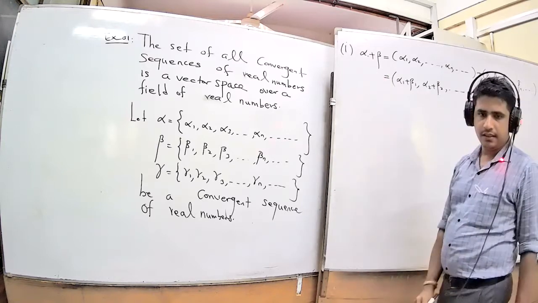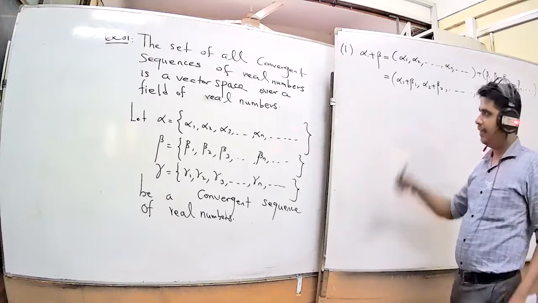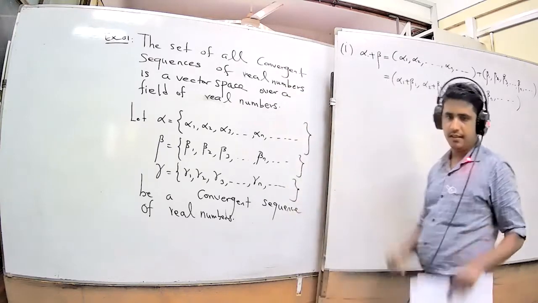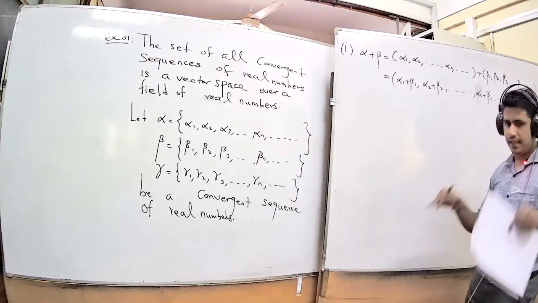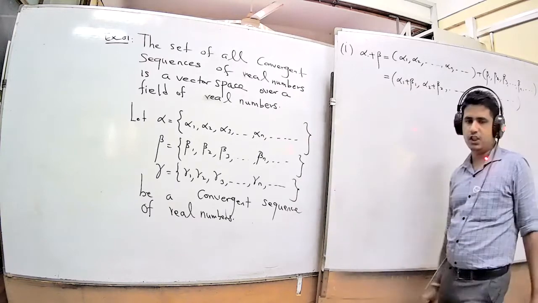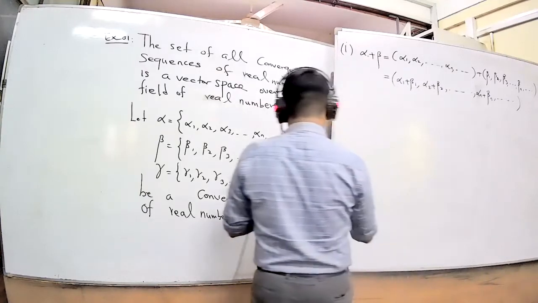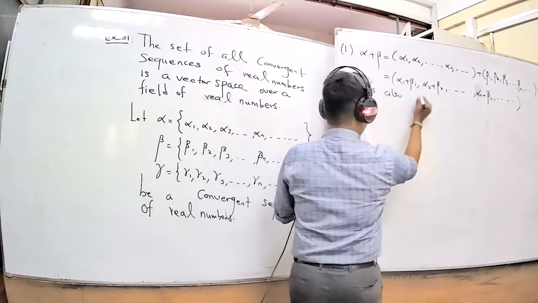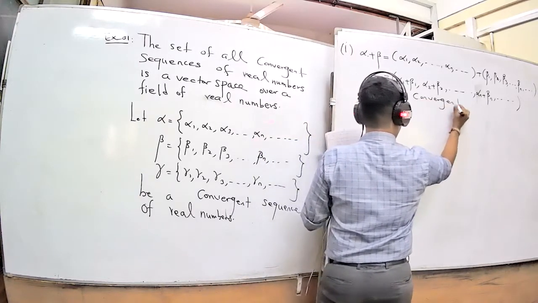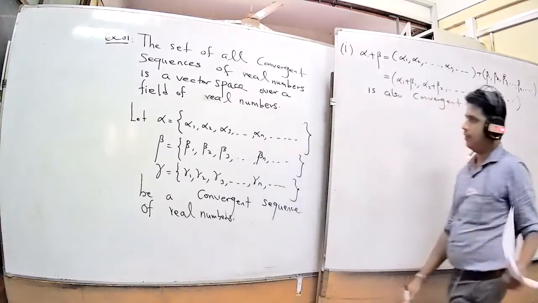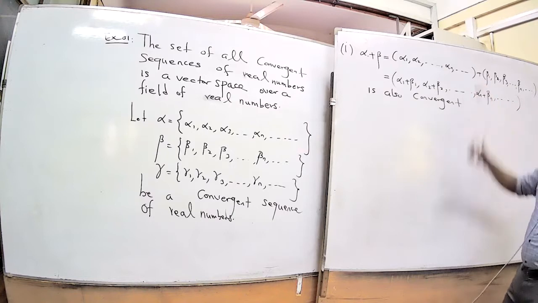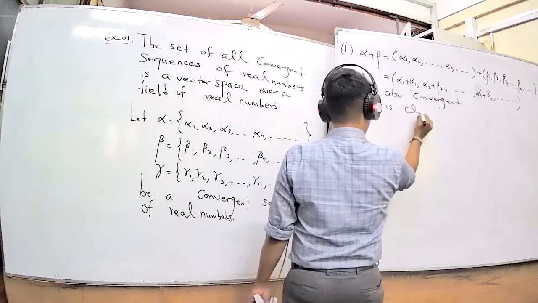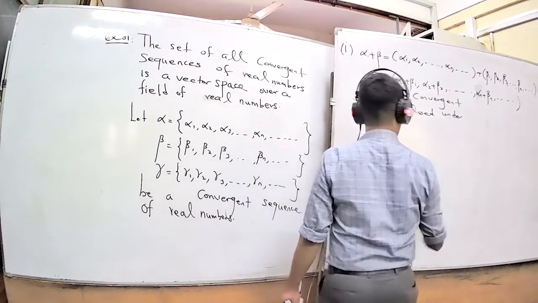Therefore alpha plus beta is convergent, which means it is an element of the set of convergent sequences. Therefore the closure property is satisfied, and this means the set is closed under addition.